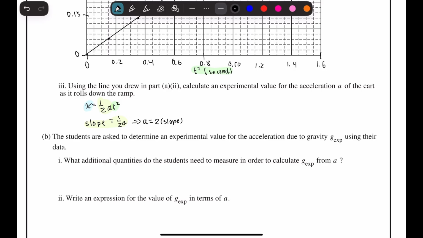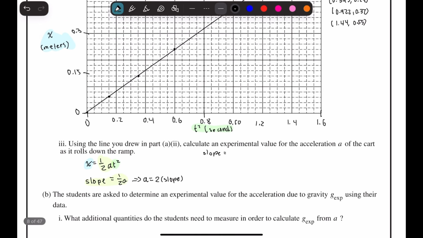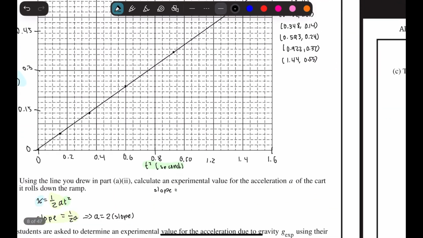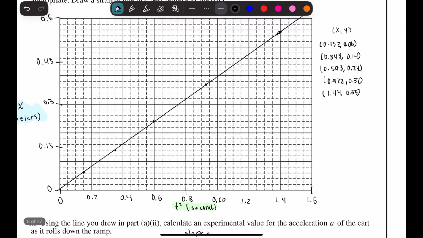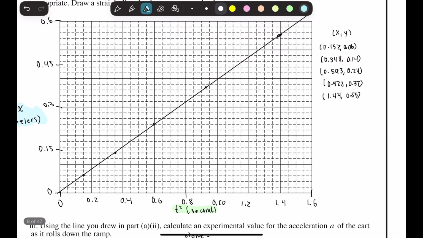Now, we can estimate the slope from a best fit line. So we can say that slope is equal to, let's just choose 2 of our points. Why not just do our last point, 1.44, 0.55, and we can do our first point.